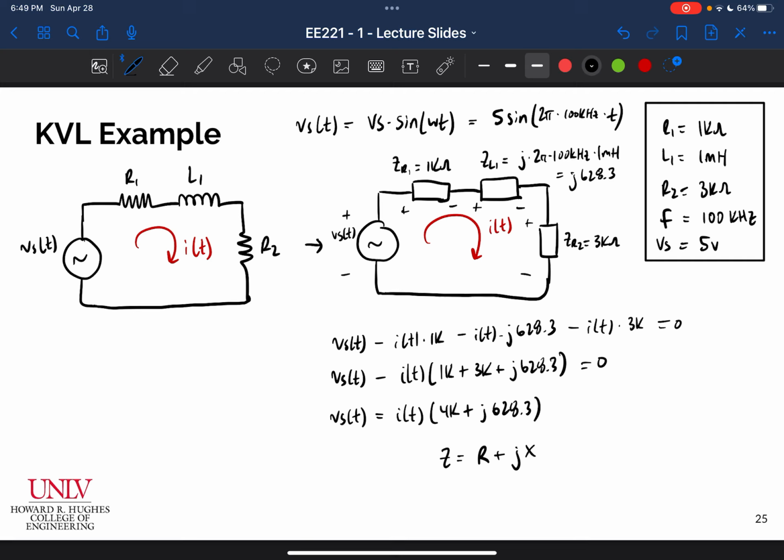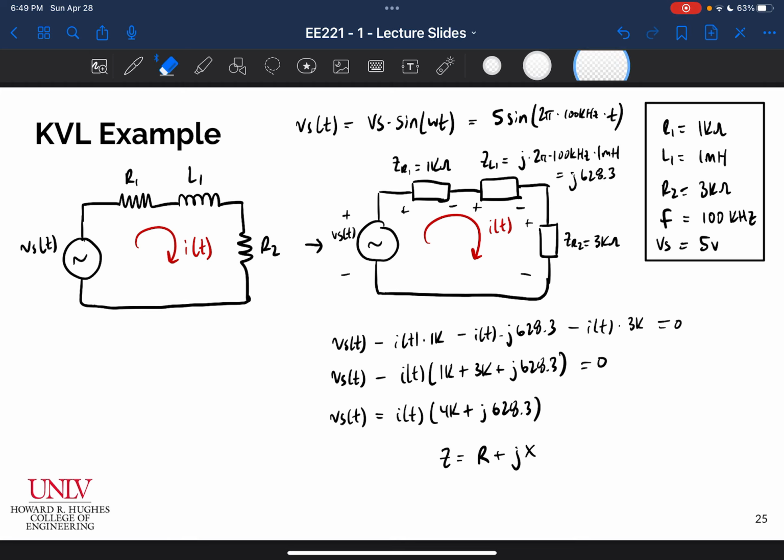If I combine my three elements in series, I just add their impedances. 1k and 3k gives me 4k. And then the inductive impedance is frequency dependent, distinguished by the fact that it's multiplied by J. This is my reactance in the circuit. So the series combination of these three impedances gives me this impedance here.